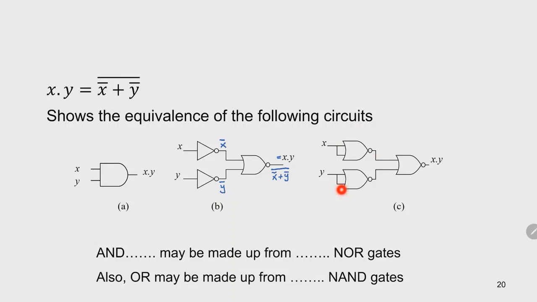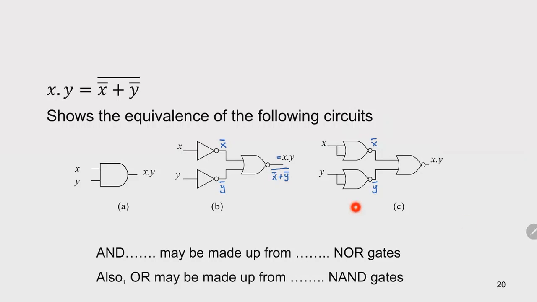If I tie my inputs of x together and put them through a NOR gate, I also get an inverse of that, and here is the inverse of y. So you can see that an AND gate can be implemented using just NOR gates.